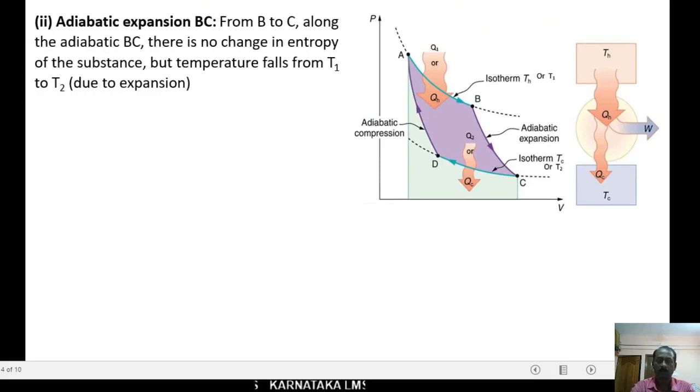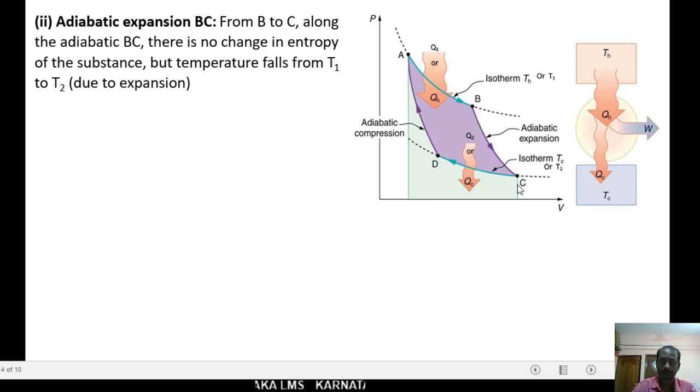In the same way, for second condition, adiabatic expansion, that is along BC. From B to C, along the adiabatic BC, there is no change in entropy of the substance, but temperature falls from T1 to T2 because of expansion.